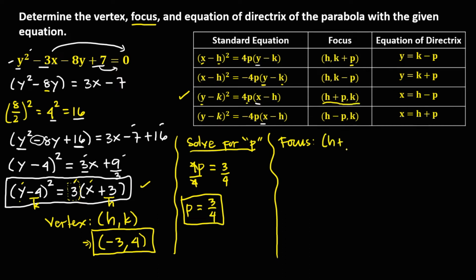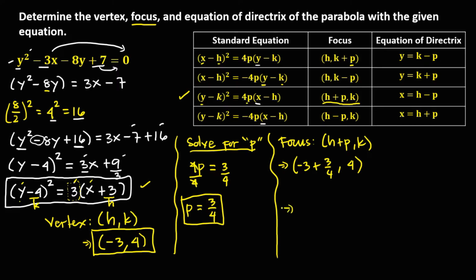That's (h plus p, k). So to find the coordinate of the focus, h is negative 3, then plus p, and p is 3 over 4. Then k is 4.